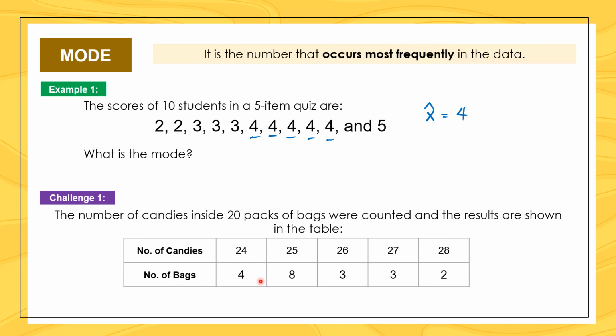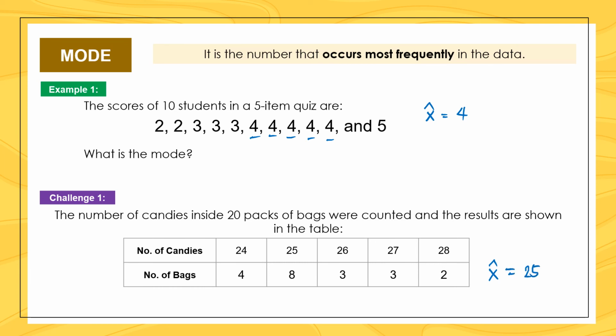So the most frequent number of candies in the 20 packs of bags is, as you can see, we got 8 bags which has 25 candies. Okay, so the answer here, X hat, or the mode, is equal to 25.